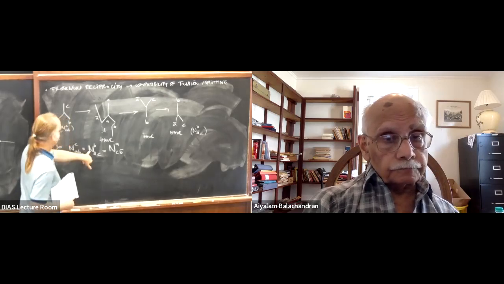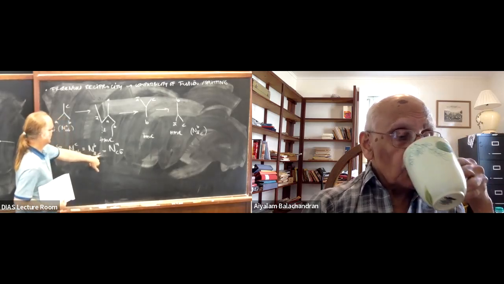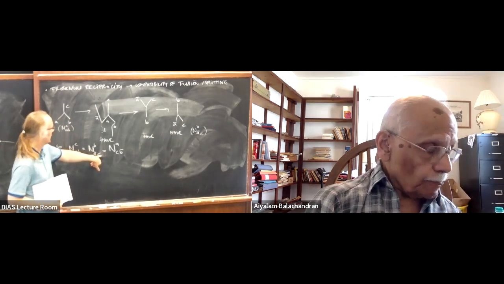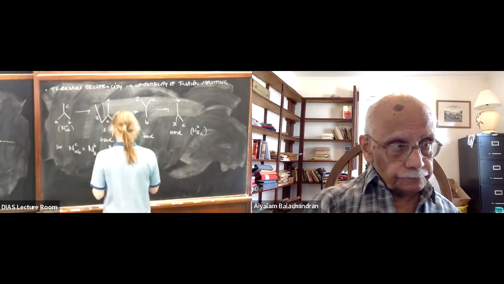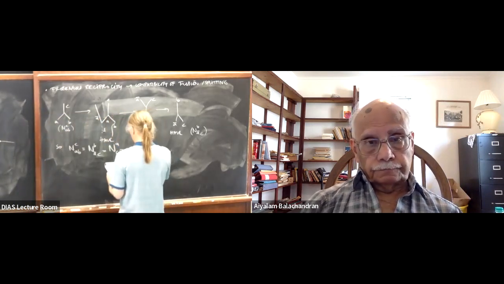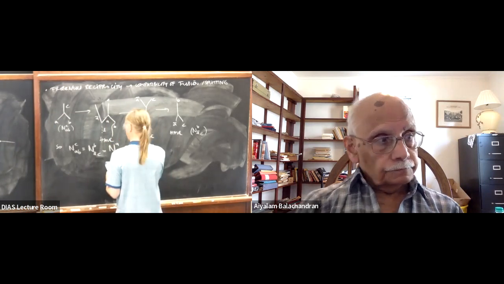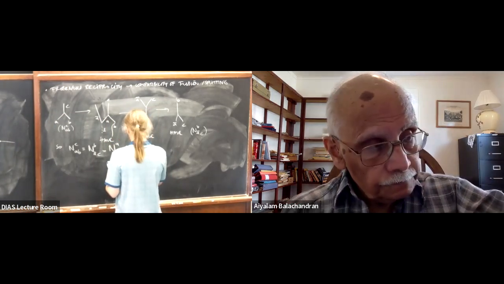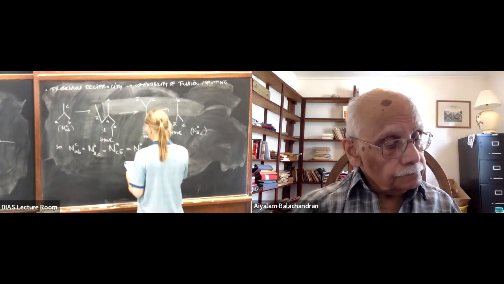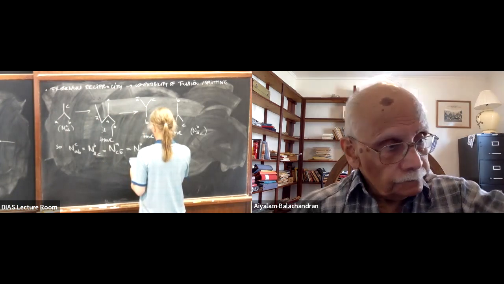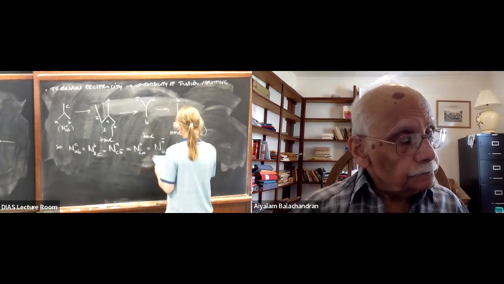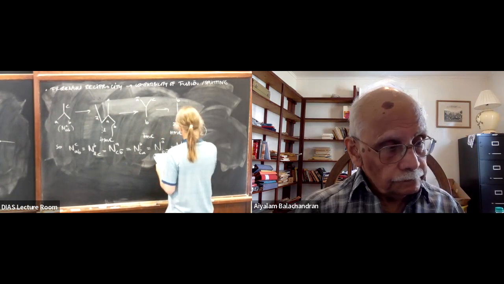So we can now put a C and a C bar on this one. And so we end up with six equalities here: N_A bar B bar, and finally N_C bar A bar B bar.